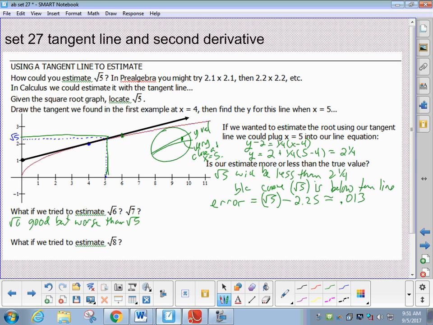What about 7? If I went to 7, would root 7 be a better estimate or worse? Worse. Okay. The big principle then is the further you get away from the point of tangency, the worse the estimate.